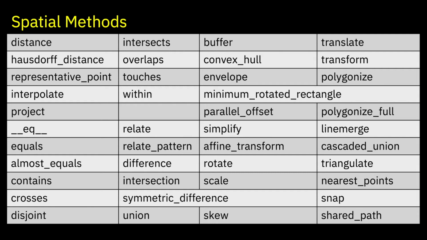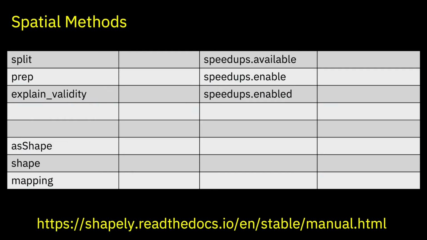As its name implies, you can create a new object that will contain the original one with either a positive or negative buffer around it. This way, we could, for example, add a width to a road instead of it being just a line. The second page includes the remaining methods. Note that I also added a few methods from the speedups module that allows for the use of the GEOS library that is written in C++.